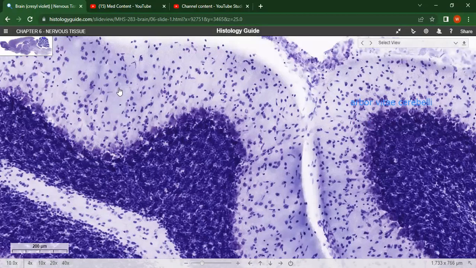So let's start with the outer molecular layer. It has numerous dendritic arborizations of the Purkinje cells. It has very few cells, but we have the basket cells. It's hard to show you the basket cells.